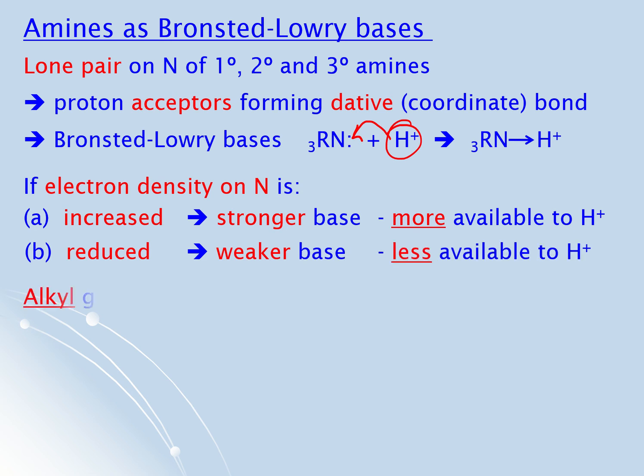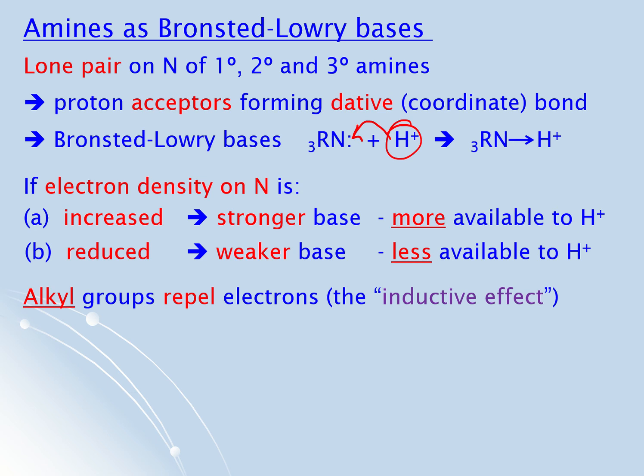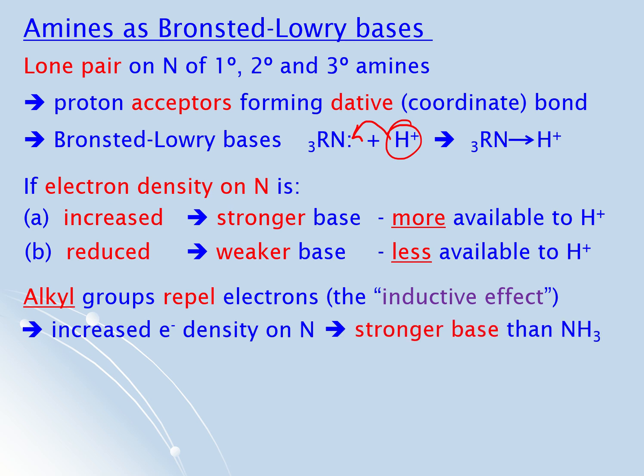Well, alkyl groups have the ability to repel electrons away from themselves. This is what's called the inductive effect, and that increases the electron density around the nitrogen. That makes any amine which has alkyl groups around it a stronger base.